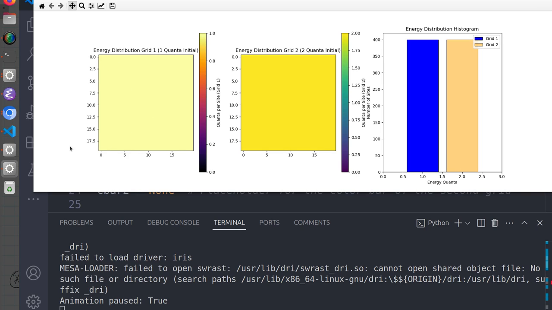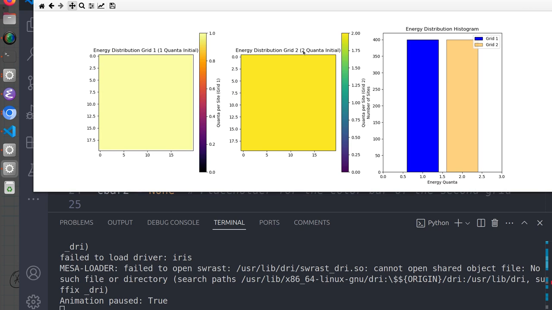We have 20 by 20 grids. And you can see the color bar here, which represents the number of quanta per site. It's yellow, and yellow is really 1. So on each point on the grid, we have 1 quantum on it.